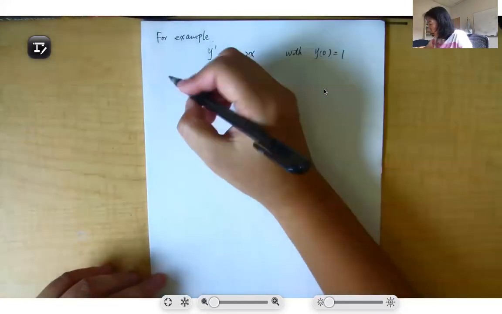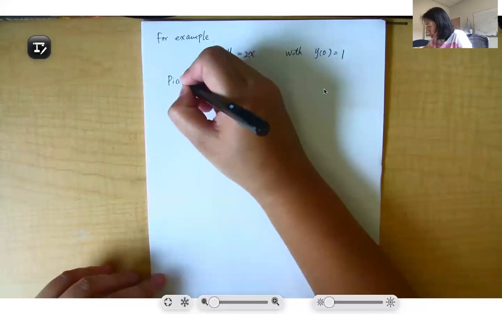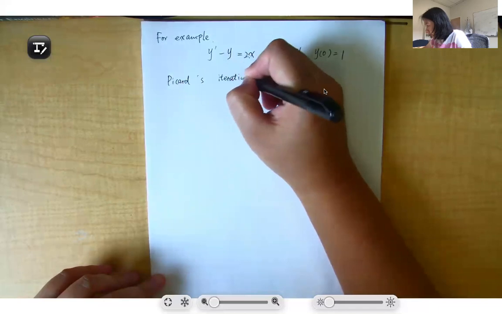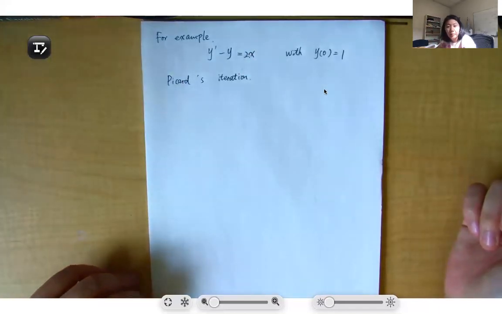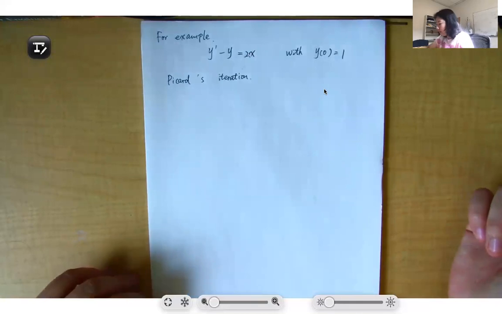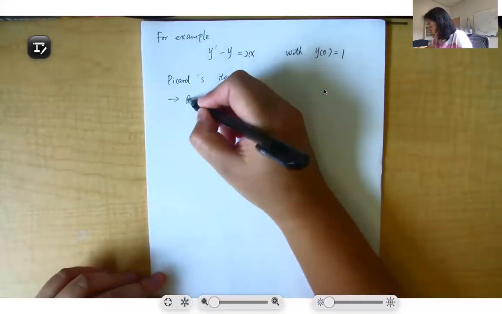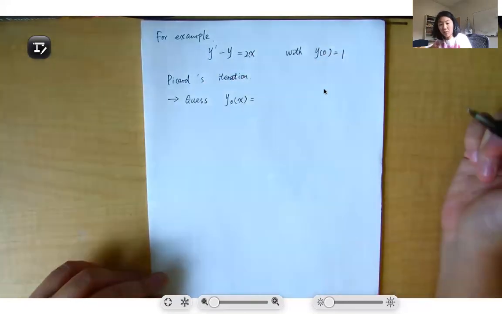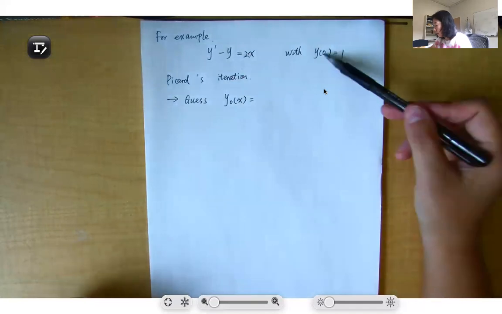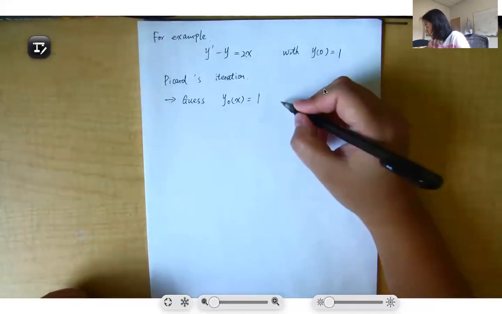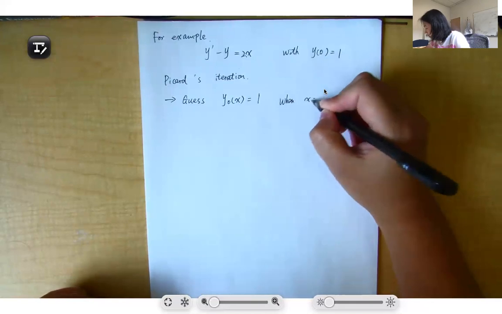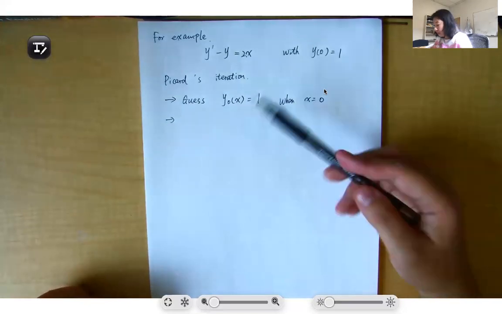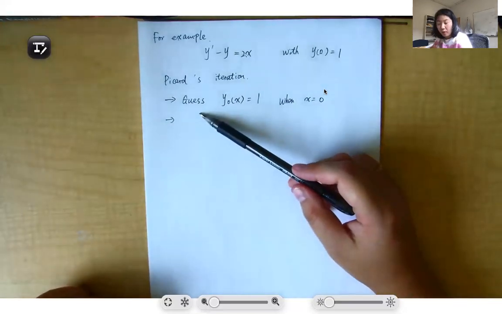And for the Picard iteration, first, the zero step is giving an initial value. So the zero step is our guess for y0(x), which will usually equal the initial value, 1. Then the next step, the first step of the Picard iteration, is to get y1(x).